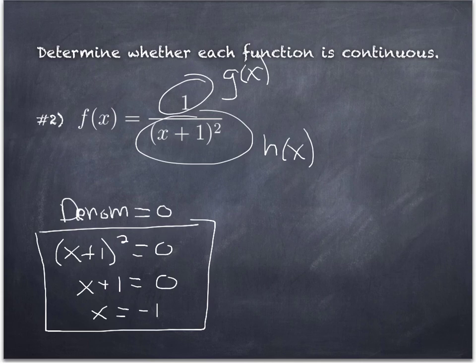Well, it's either going to be a hole in the graph, a jump in the graph, or a vertical asymptote, or a slant asymptote. That rarely is going to happen in this class. For this specific problem, we found x equals -1 from setting the denominator equal to 0. Therefore, this has a vertical asymptote. Since it has a vertical asymptote, we would say that it has infinite discontinuity.